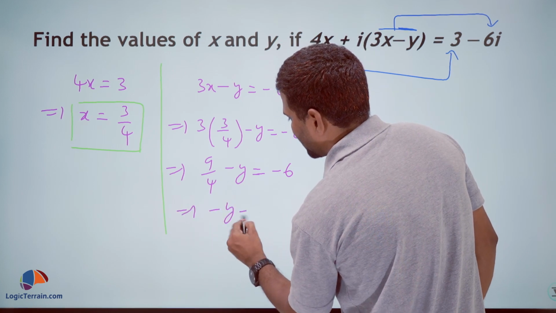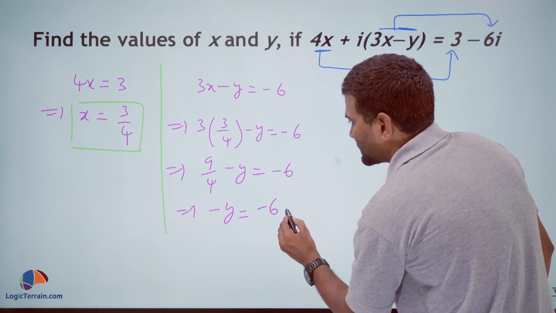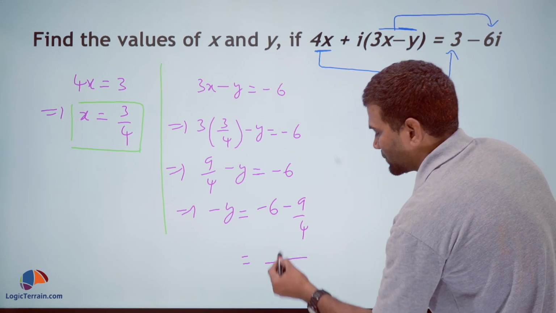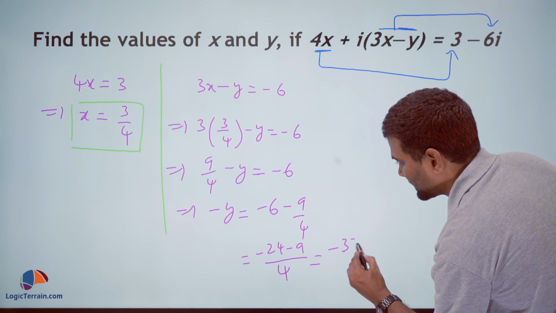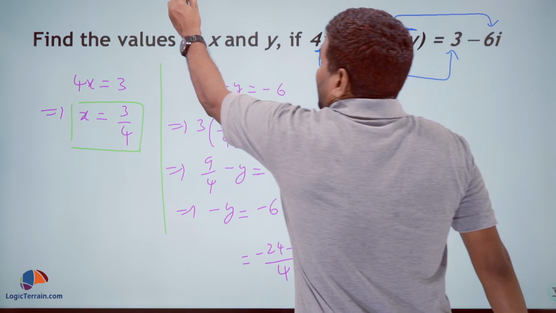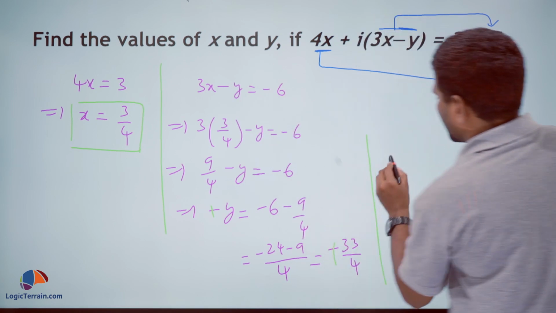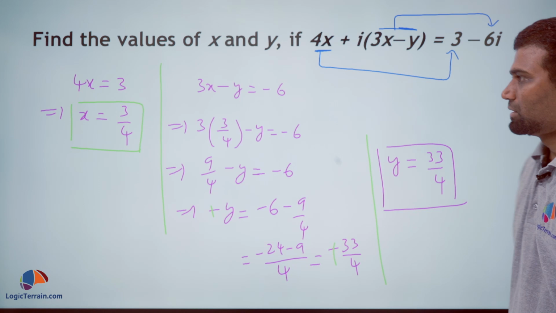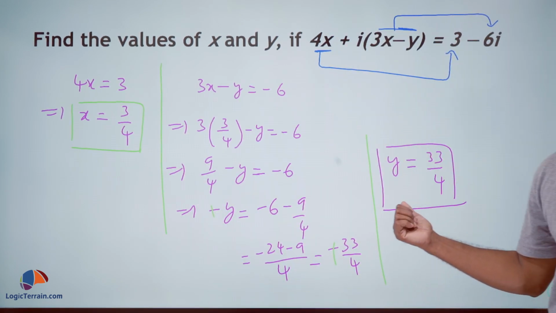Further, -y = -6 - 9/4, and taking LCM 4, 6 times 4 is 24, so -24 - 9 gives -33/4. Multiplying both sides by negative, the negatives cancel, so we get y = 33/4. Therefore, the x value is 3/4 and the y value is 33/4.